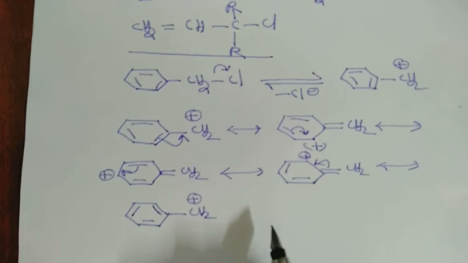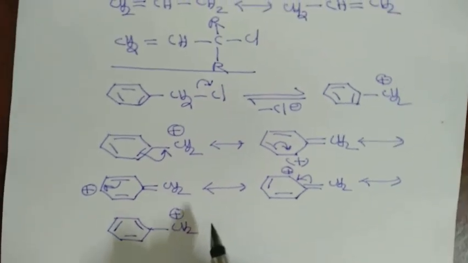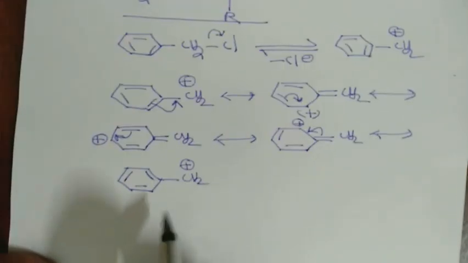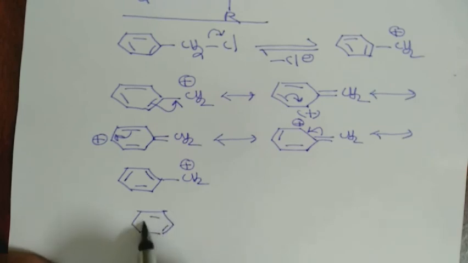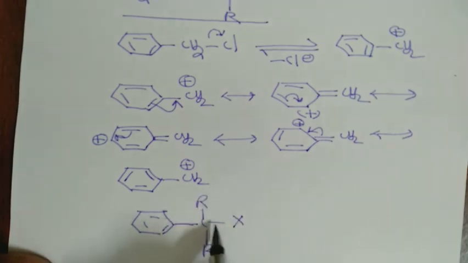In the case of benzylic halides, the corresponding benzylic carbocation is stable. This type of compounds are called benzylic halides.